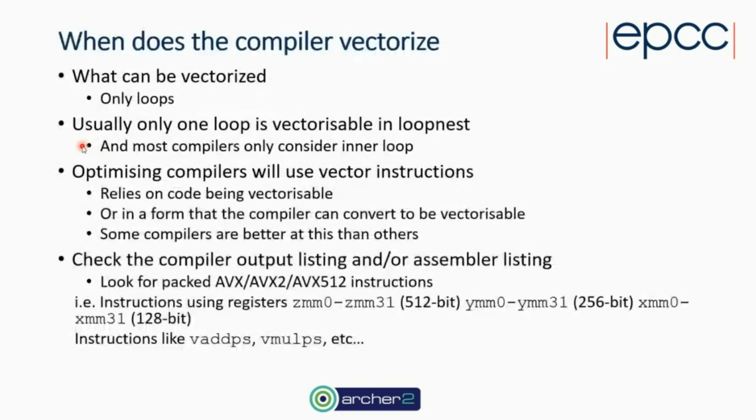And there are some ways that we can structure our code to make these things more understandable to the compiler. The compiler, as I said, is only going to be looking at loops for vectorization. And usually it's only going to vectorize 1 loop in the loop nest. By default, it's going to consider the innermost loop.